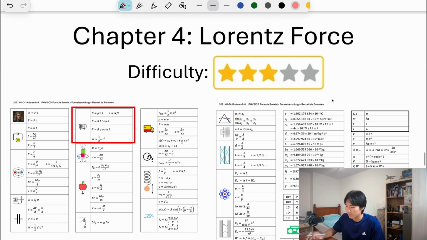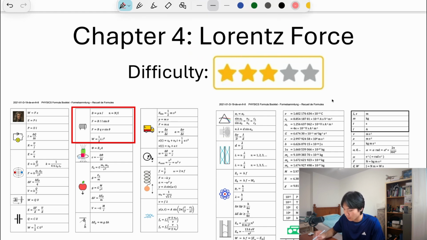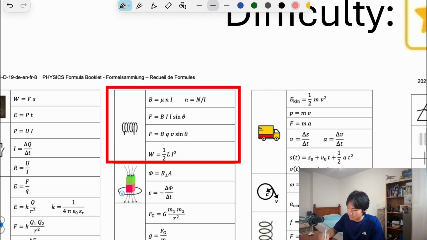And okay, chapter 4. This is the Lorentz force, and technically in the syllabus, this is a subsection of fields because the Lorentz force is basically a force experienced by a charge in a magnetic field, right? So it's technically a subchapter of fields, and magnetic field to be more specific, and these are the equations we'll be studying.